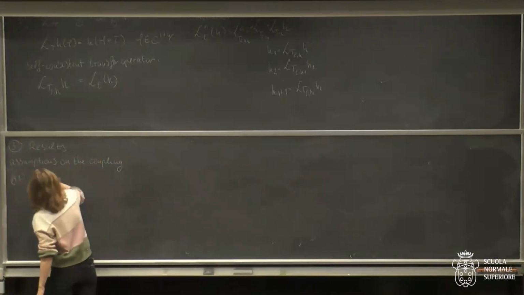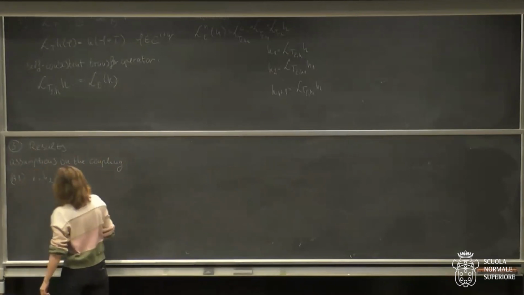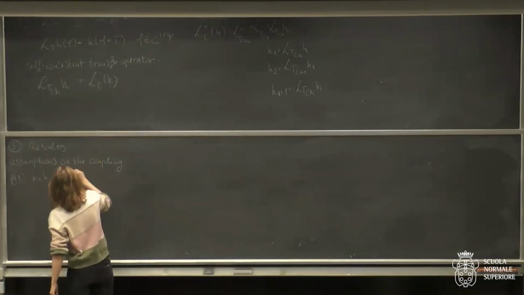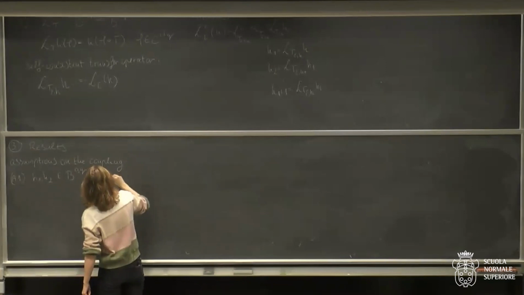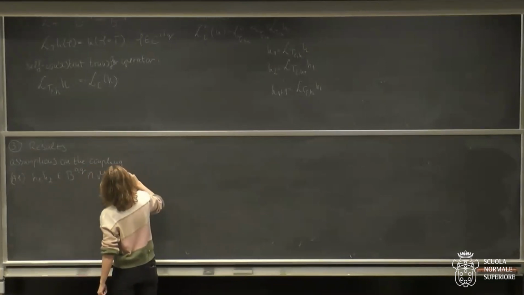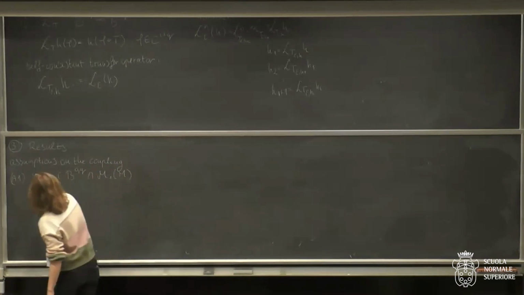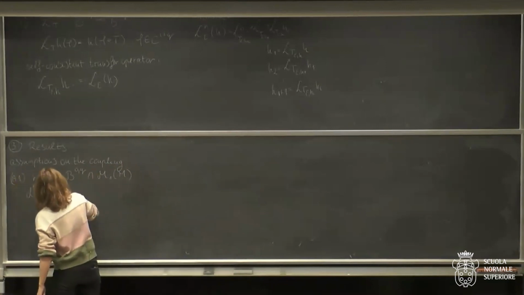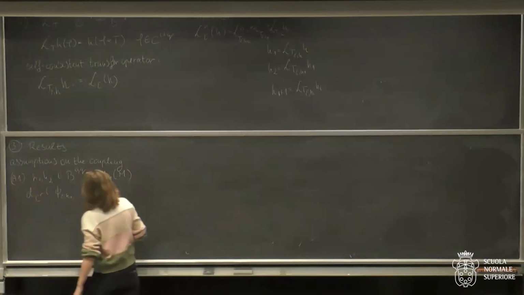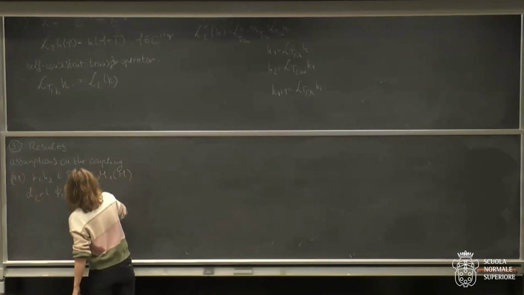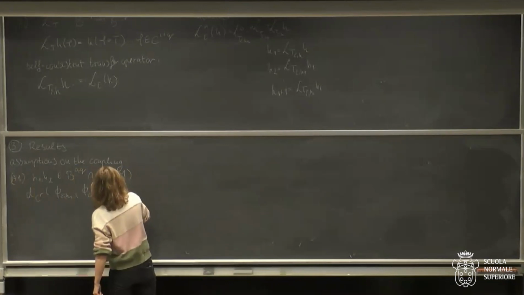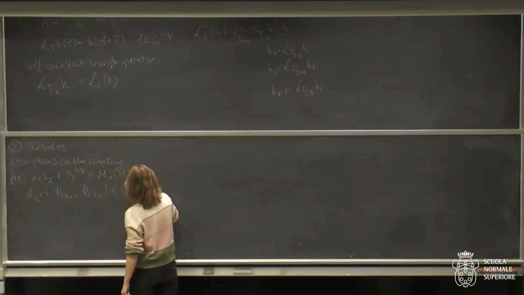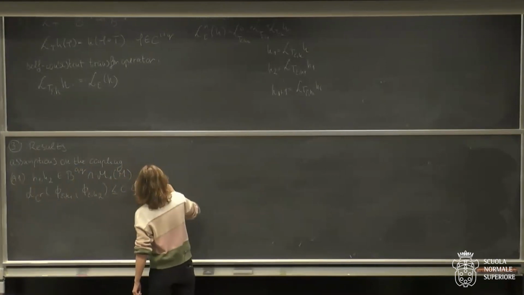First, we assume that for any H1 and H2 in the weak space that are also probability measures, the CR distance of the coupling map associated to H1 and the map associated to H2 is smaller than some constant times epsilon times the distance of H1 and H2 in our weak norm.